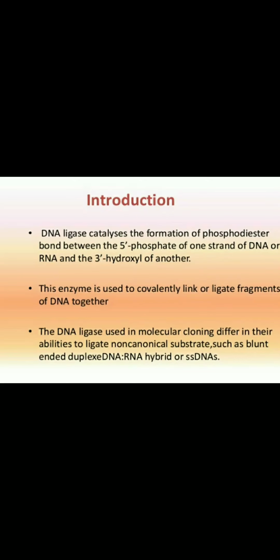This enzyme is used to covalently link or ligate fragments of DNA together. So it is used for covalently joining and ligating the fragments. Now DNA ligases used in molecular cloning differ in their abilities to ligate non-canonical substrates such as blunt-ended duplex DNA, RNA hybrids, or single-strand DNAs.